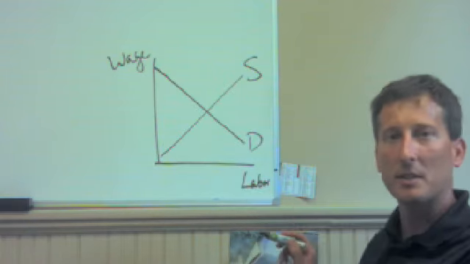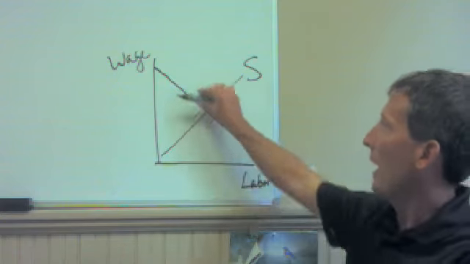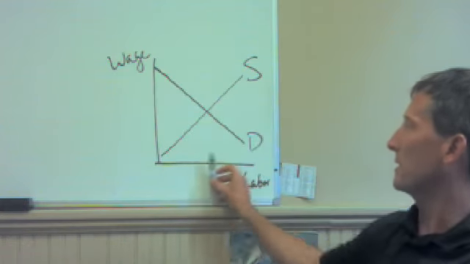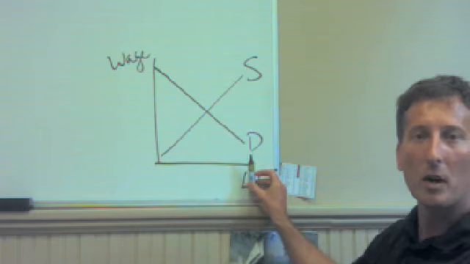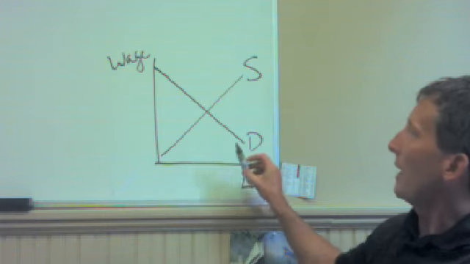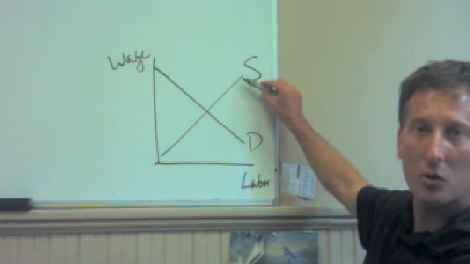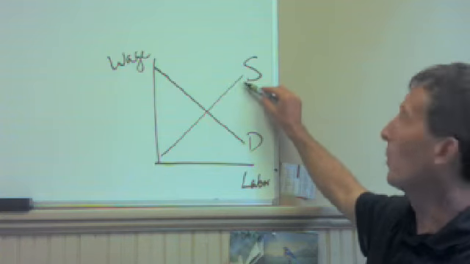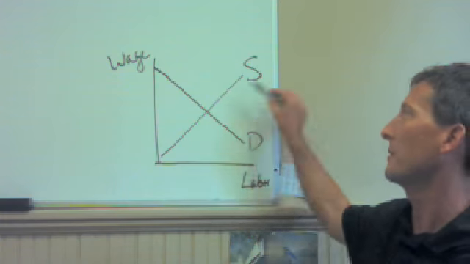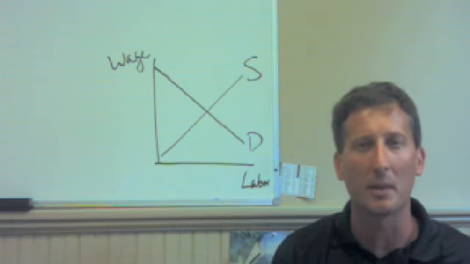And so that's an important distinction, because now as wages fall, businesses are willing to hire more hours of labor. And as wages rise, more people are willing to get off the couch and supply more hours of labor. And so that gives us our upward sloping supply and downward sloping demand.